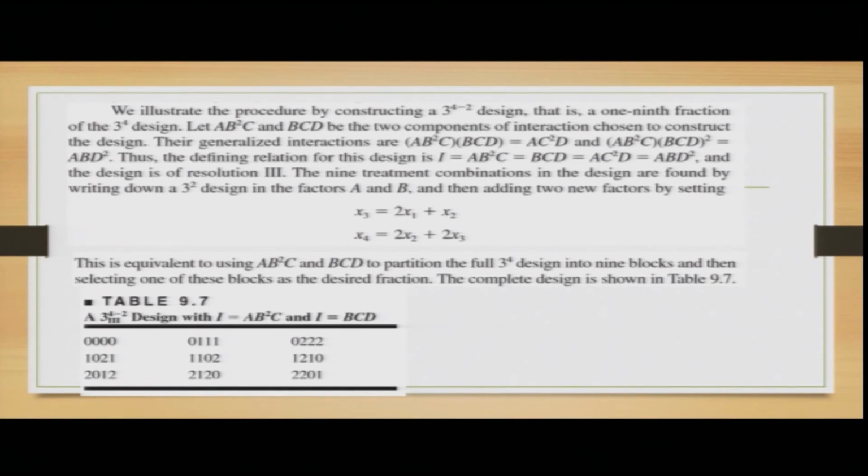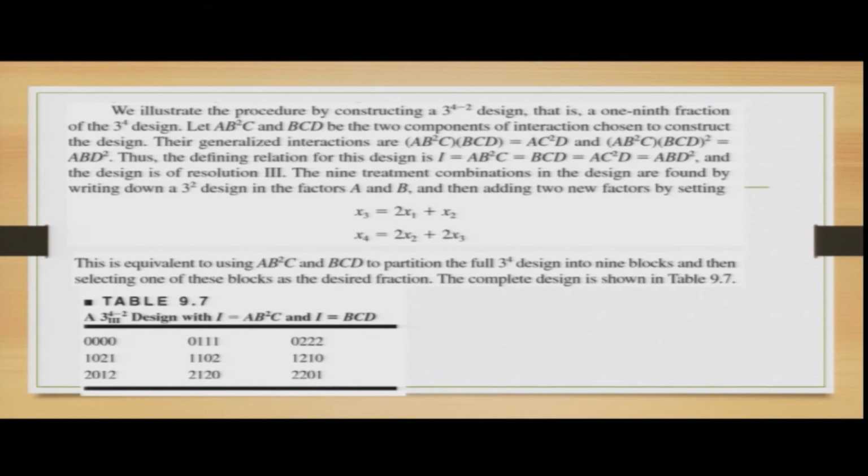Let us say that AB²C and BCD are the 2 components of the interaction chosen to construct the design. These generalized interactions are accordingly found out as AC²D and ABD². If you remember, in the first case alpha 1 is 1, alpha 2 is 0 because B is not there, alpha 3 is 2; in the second case alpha 1 is 1, alpha 2 is 1, alpha 3 is 0, alpha 4 is 2.